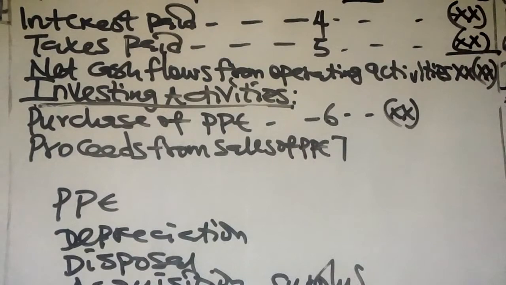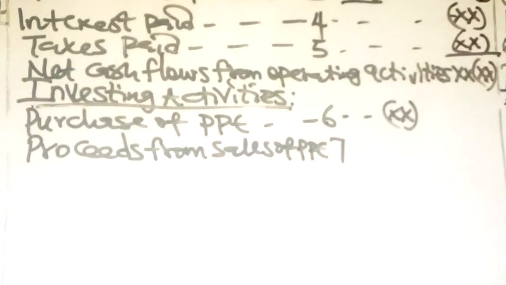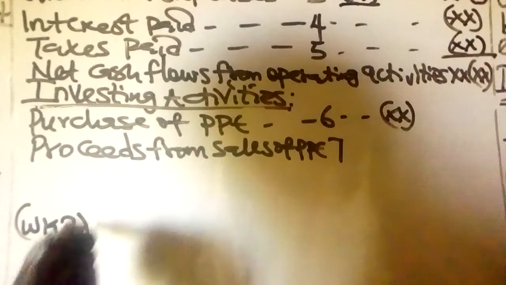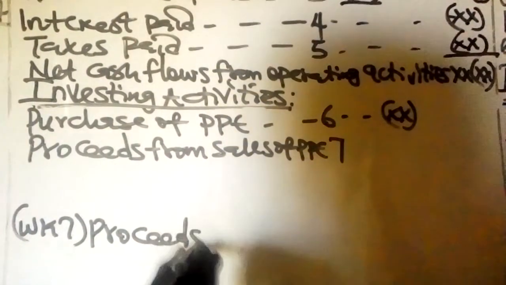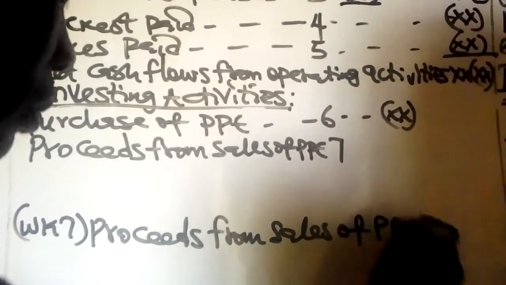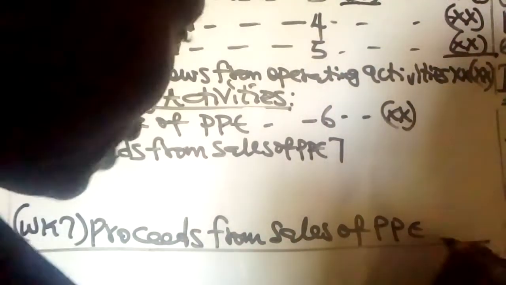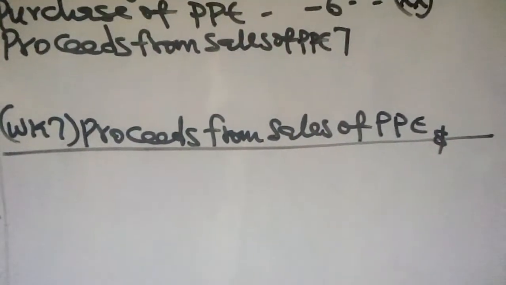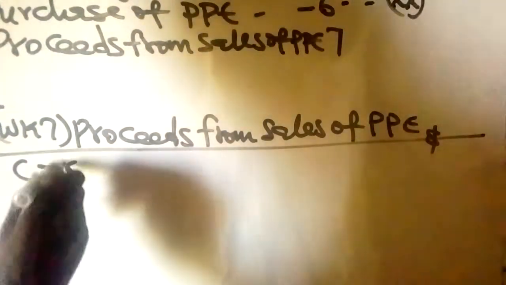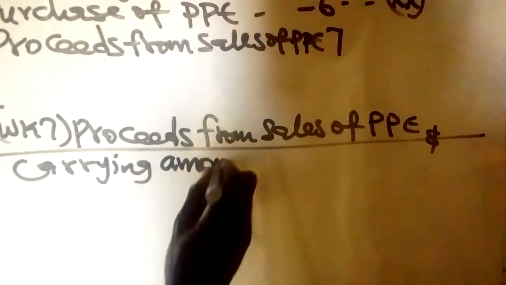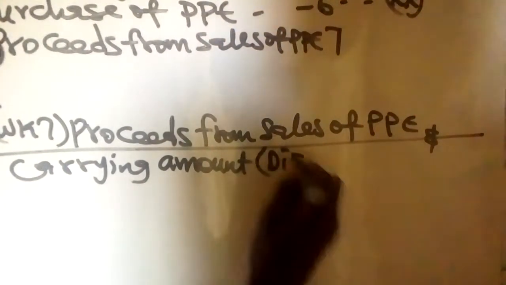Note 7, proceeds from sales of PPE. You start with the carrying amount of the PPE disposed.